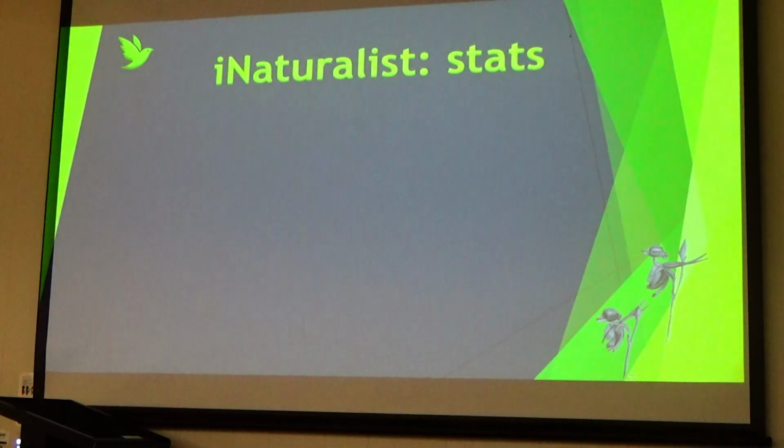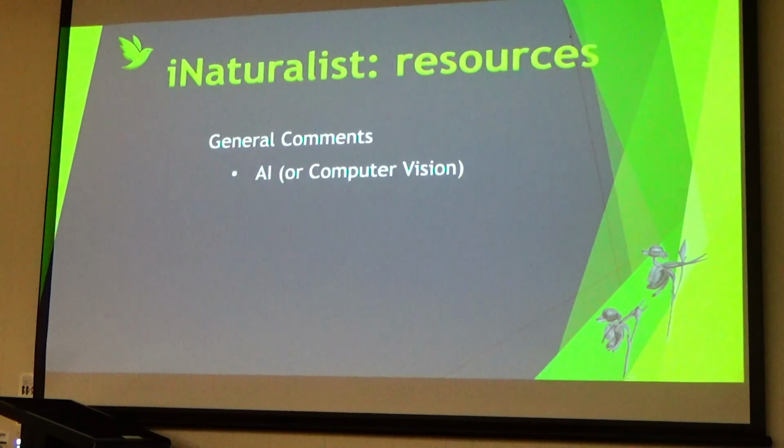So just a few general comments about AI. There's been a lot of talk about AI, which is called artificial intelligence. On iNaturalist, they can call it computer vision. Now, what seems to confuse people is they think AI gives them the definitive identification.